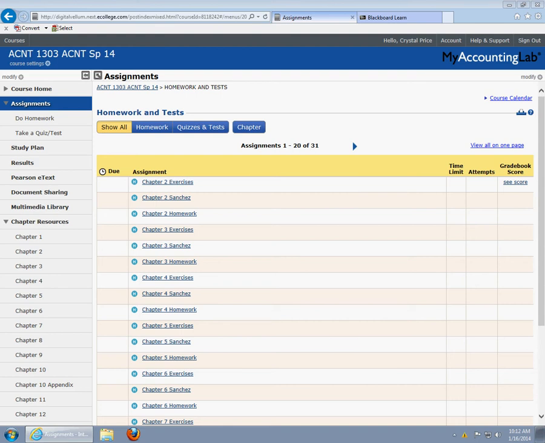So the equipment is the asset, and then depreciation is a contra asset account. I'm going to use a little T account. So the ones that have the ACC. That means accumulated. Anything that has accumulated is going to be a contra asset account. Very good, Linda.